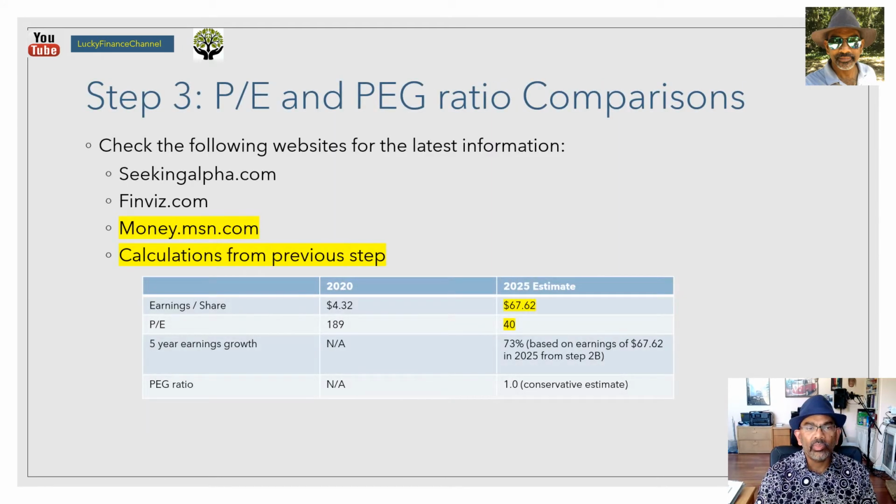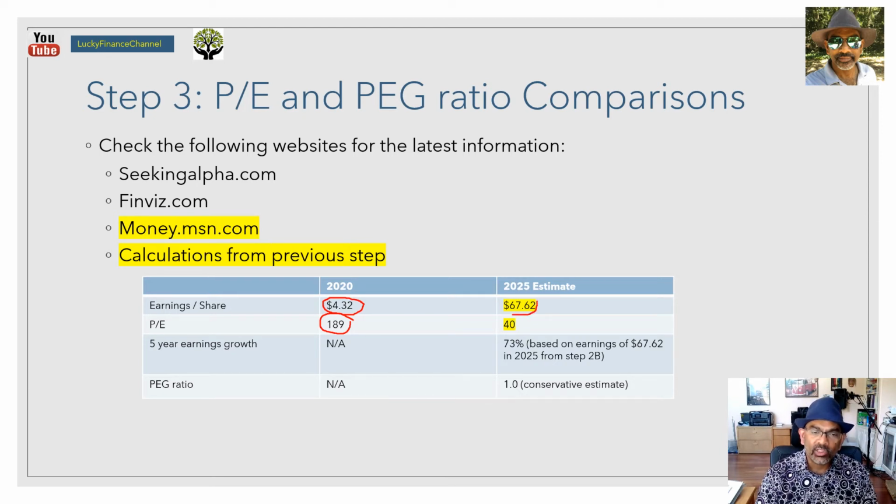Now let's look at the PE and the PEG ratio comparisons. Again, because this stock does not have the history, you have to kind of estimate these things. In 2020, the earnings per share was $4.32. Based on the stock price currently, the PE ratio is roughly about 189. That's pretty high.